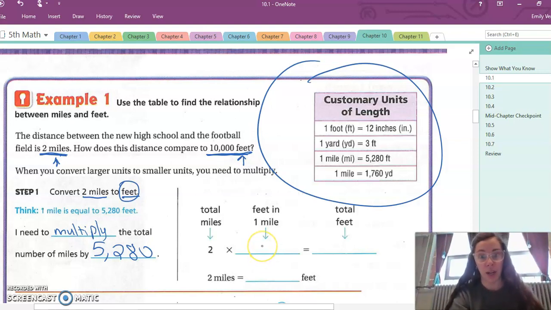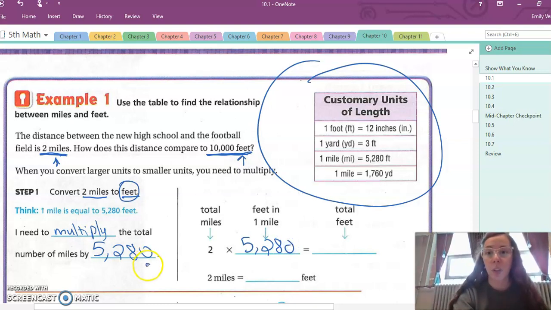Which is kind of what they set up for you over here already. Total miles is 2 times the number of feet in 1 mile, or that smaller unit, the base number, 5,280. So then you just multiply. I'm going to do it over here because they already kind of have it set up nicely for us.